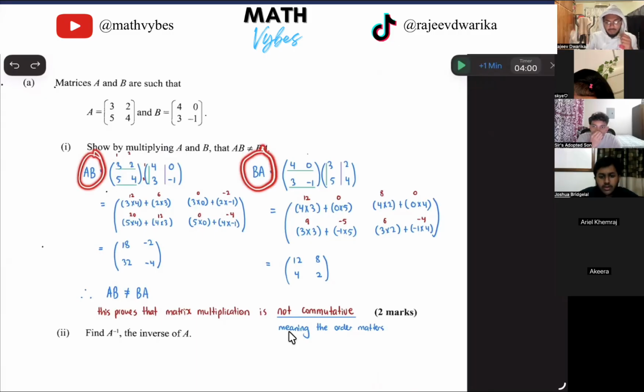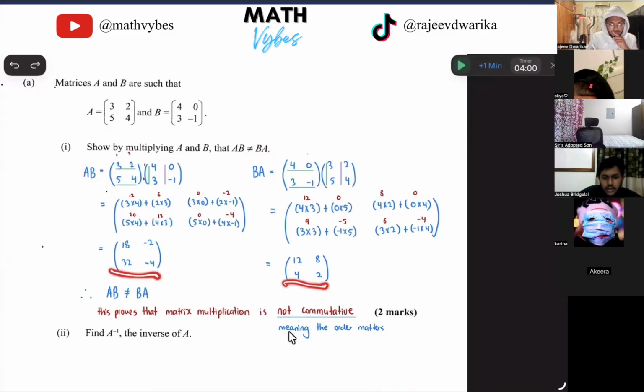That basically means switching around the order. Exactly. And when we switched around the order, did we get the same matrix? No, a different answer. In both instances we did get a 2 by 2 matrix, but they were different. So therefore, AB is not equal to BA. And this proves that matrix multiplication is not commutative, meaning the order does matter.